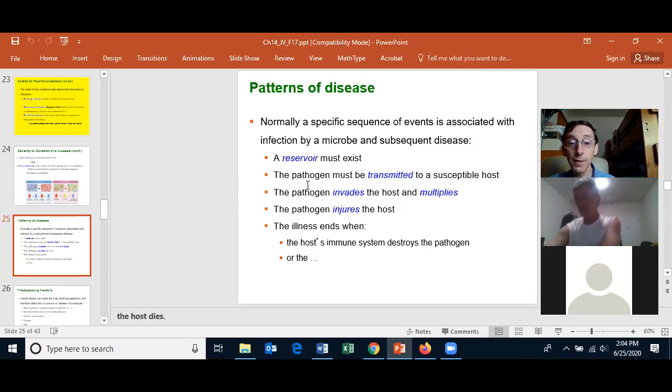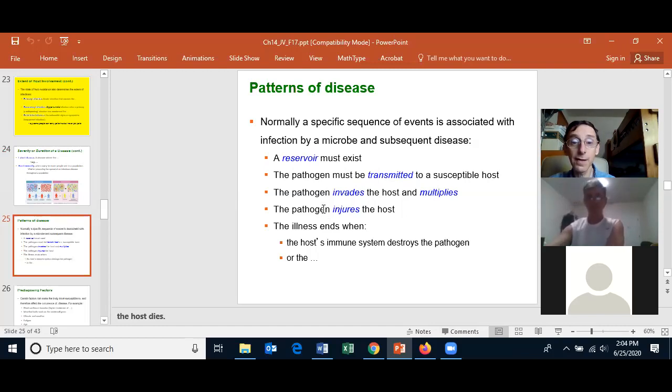And then the pathogen must be transmitted to a susceptible host. Something has to carry it from its reservoir to the host. And it might be the patient is susceptible and it just comes to the reservoir. Okay? But it could be like a fly carrying it from the reservoir to the host. And we'll talk about different things that can transmit disease.